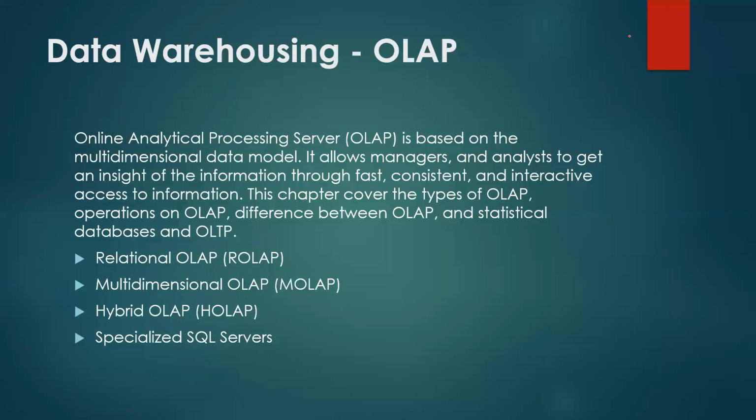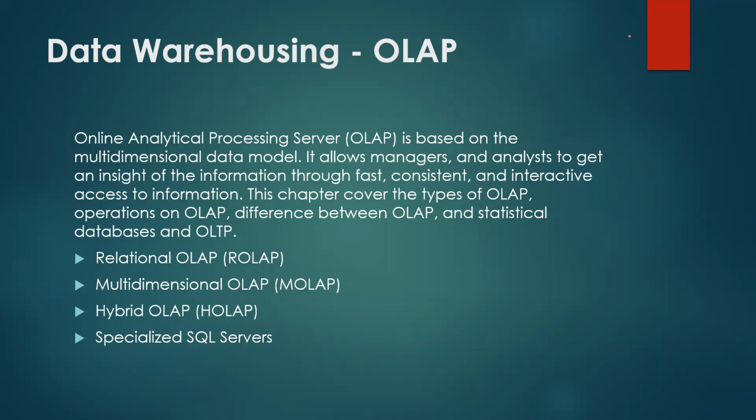Now, your OLAP, online analytical processing server, is based on the multidimensional data model, which we have seen earlier. It allows managers of the data warehouses and the analysts to get an insight of the information through fast, consistent, and what we call interactive access to information. We need access to information.